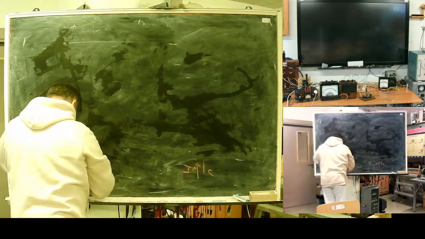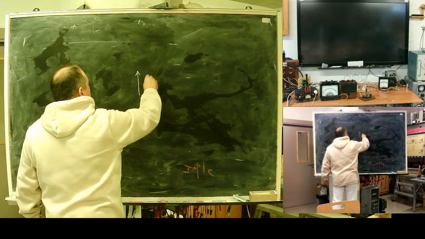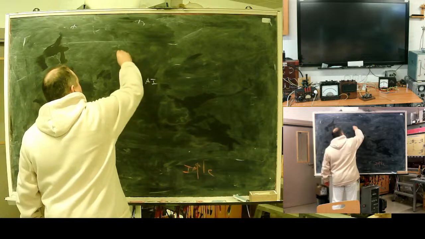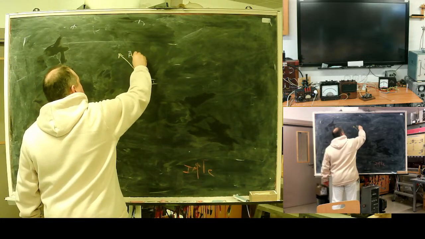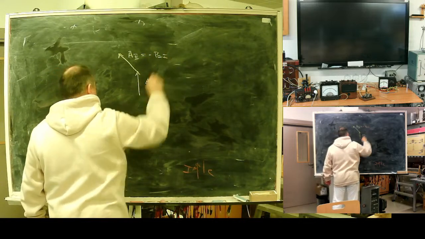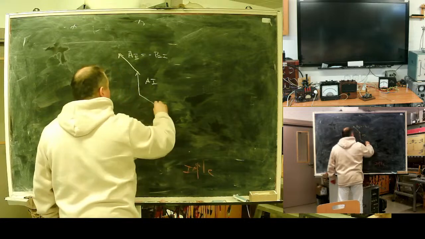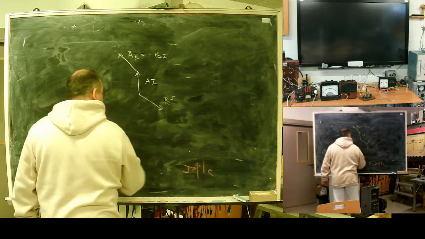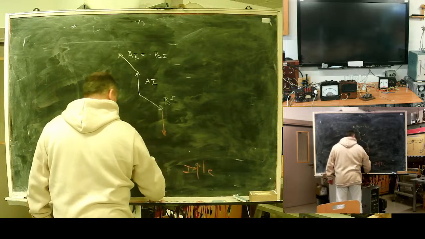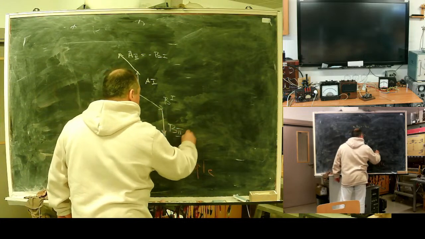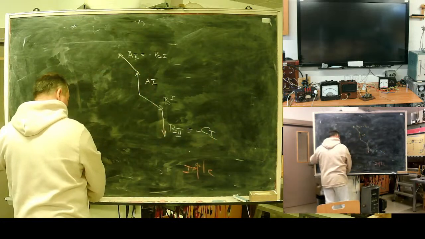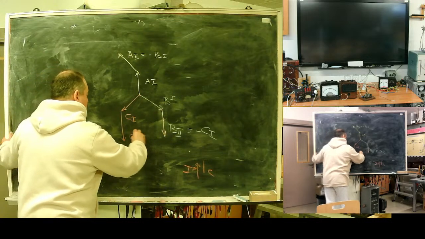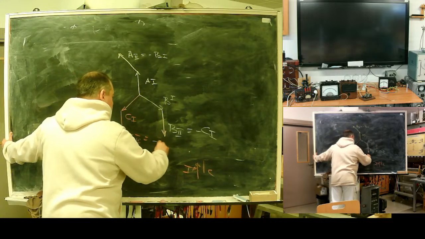In case of direct sequence, you'll see something like A1, A2 equals minus B1, B1, it's B2 equals minus C1 and goes this way. C1, C2 equals minus A1.